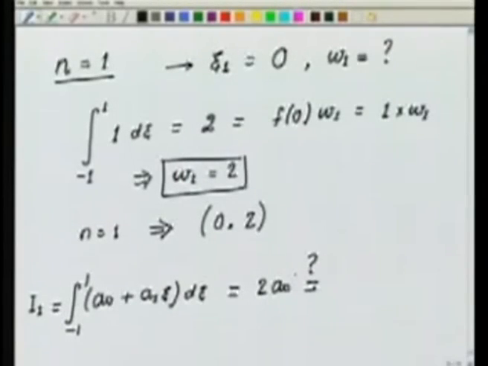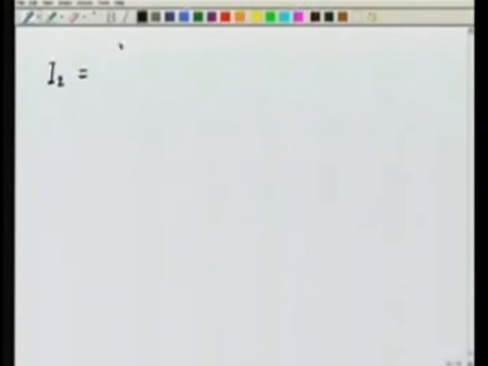Now, my question is, is it equal to what I get out of the one point rule? Out of the one point rule, f at the point psi equal to 0 is a0 times the weight, which is 2. So this integral is exact. So the one point rule not only integrates the constants exactly, it also integrates the linears exactly. Let us become a little bit more greedy and ask whether this integral can also be obtained exactly using the one point rule.